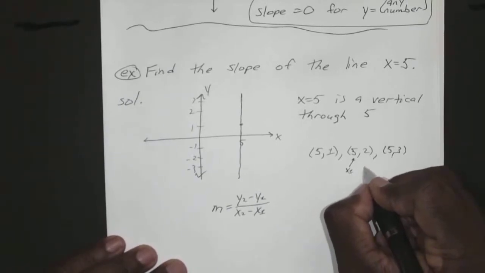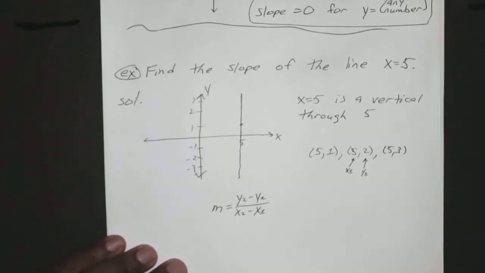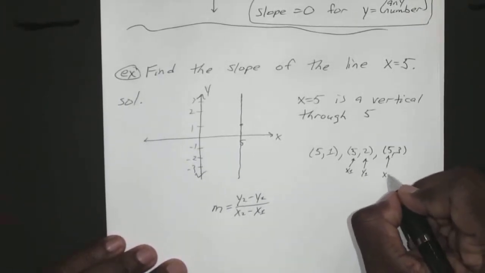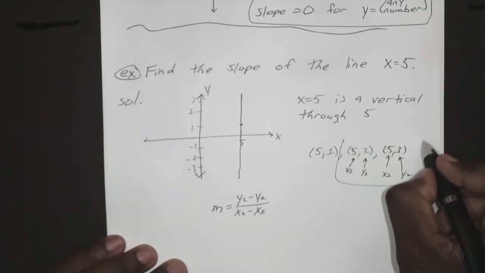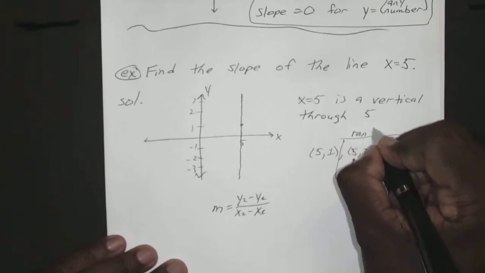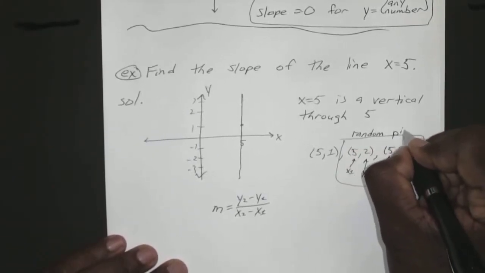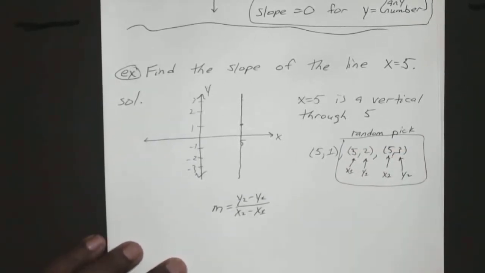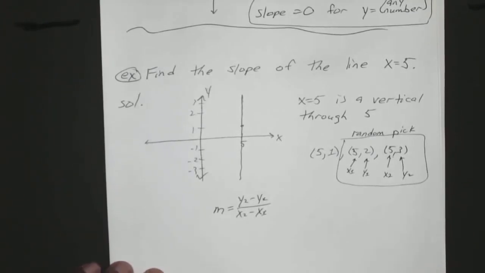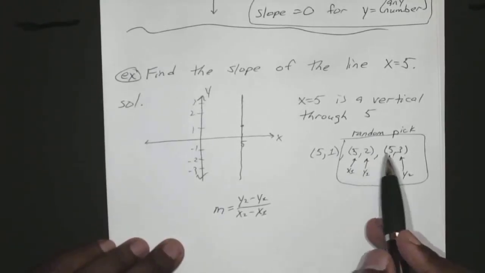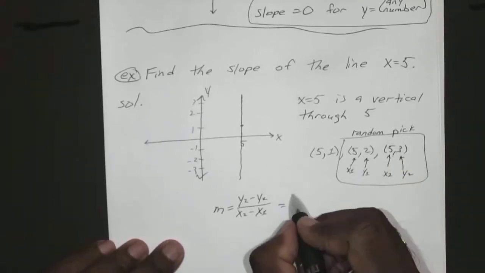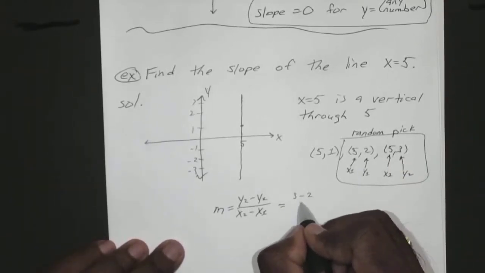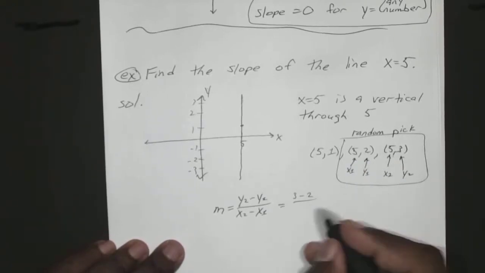We have our x1 and y1, and our x2 and y2, a random pick of 2 points. If we wanted to find the slope between those 2 points, then that would be y2 minus y1 over x2 minus x1.